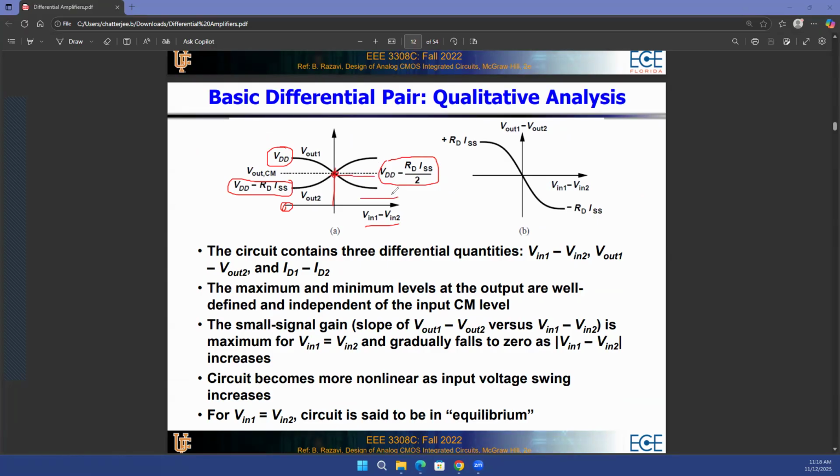And then as you start going more and more to the right, your V1 minus V2 becomes extremely positive, and then your Vout1 goes down to VDD minus RD ISS, and Vout2 goes up to VDD. And if you want to plot Vout1 minus Vout2, of course, on the leftmost side, it's plus RD ISS. On the rightmost side, it will become minus RD ISS.